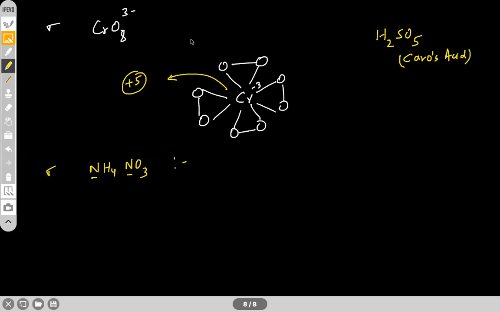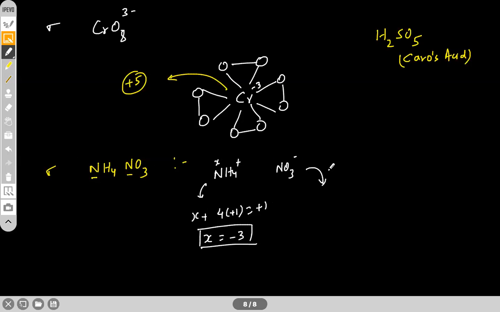Okay, NH4NO3, you need to find out the oxidation state of each nitrogen atom, correct? So see, here if you take the X method, again you will have a wrong answer. This is a compound and it exists as NH4 plus and NO3 minus. So this is X. So here you can use this: X plus 4 into plus 1 is equal to plus 1, and hence X value is minus 3.